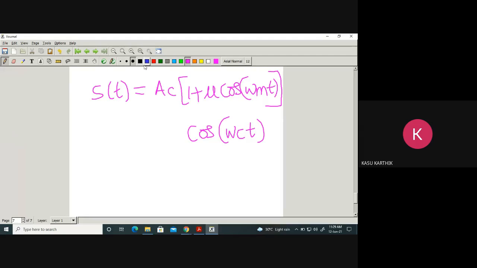This is a single tone AM signal. What is fm here? It is the message signal frequency. What is fc? Carrier frequency. What is Ac? Carrier amplitude. What was Am? Message signal amplitude. I hope these are very simple to remember.